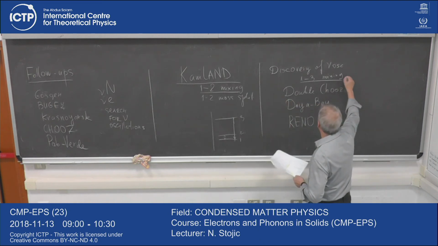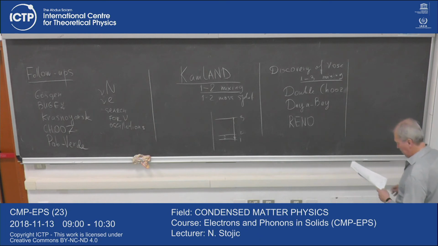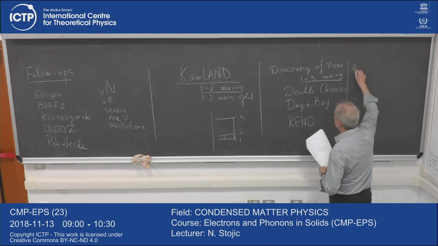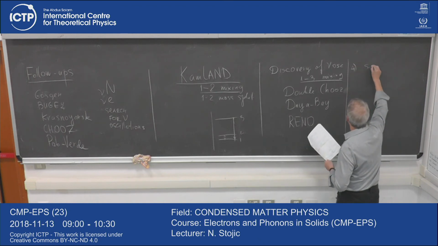So this is the discovery of the 1-3 mixing. Nowadays, people are also using these reactor experiments to search for new neutrino species.